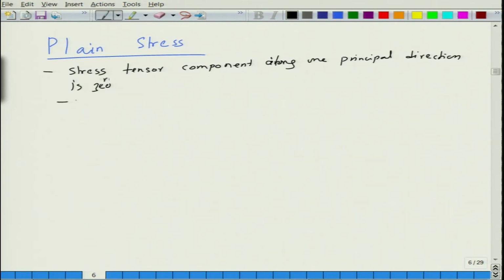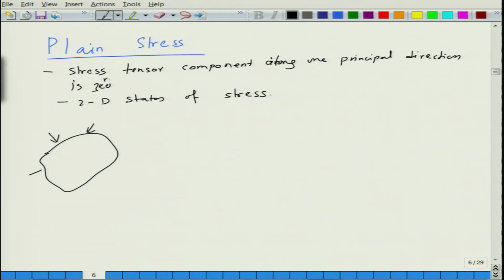So, basically it is a two dimensional state of stress. So, if you have, let us say, a plate, so this is a two dimensional plate, the stresses are applied within the plane only, and if you take out a small element from it, and if you zoom it, this is how it will look like.